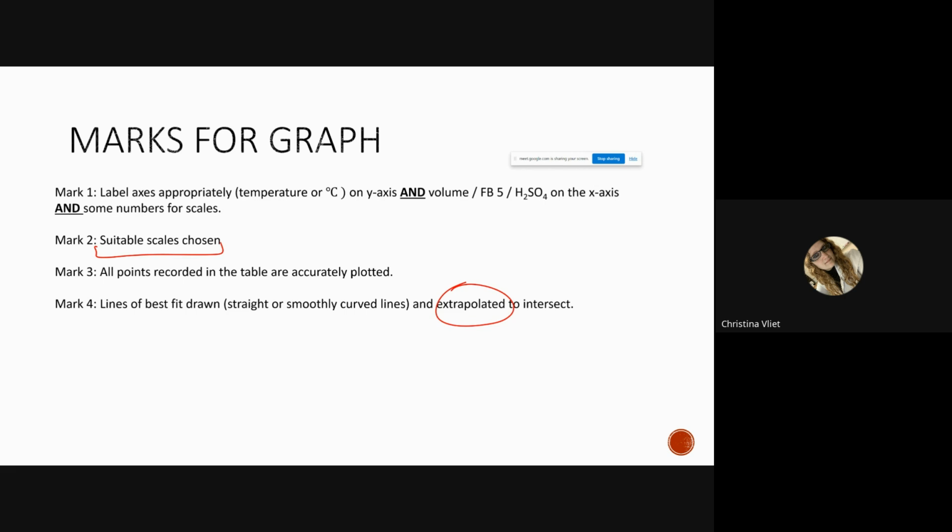Yeah. Concentration is moles divided by volume. You have the concentration, you also have the dm.